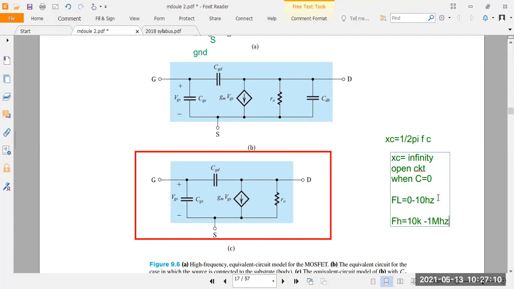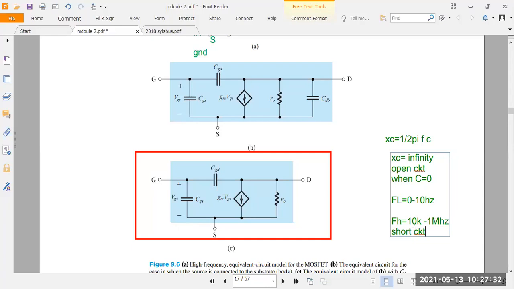For the lower frequency response, the capacitance acts as an open circuit because the reactance is infinity. But for the high frequency response, the capacitance acts as a closed circuit.